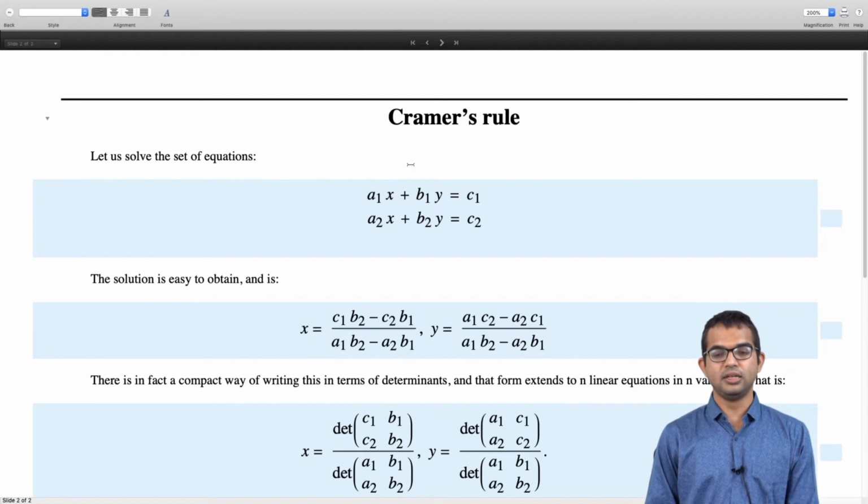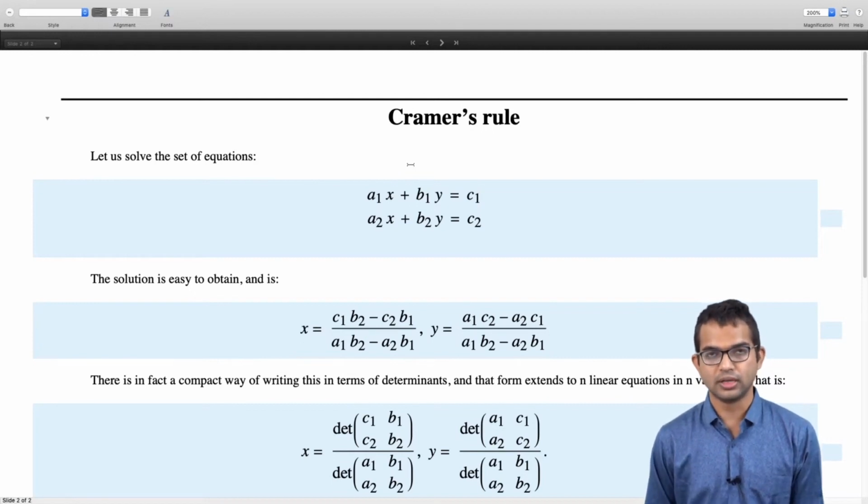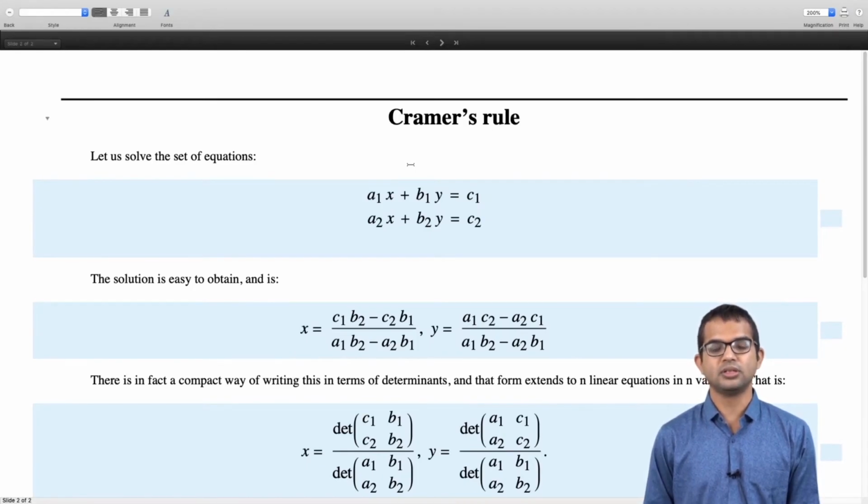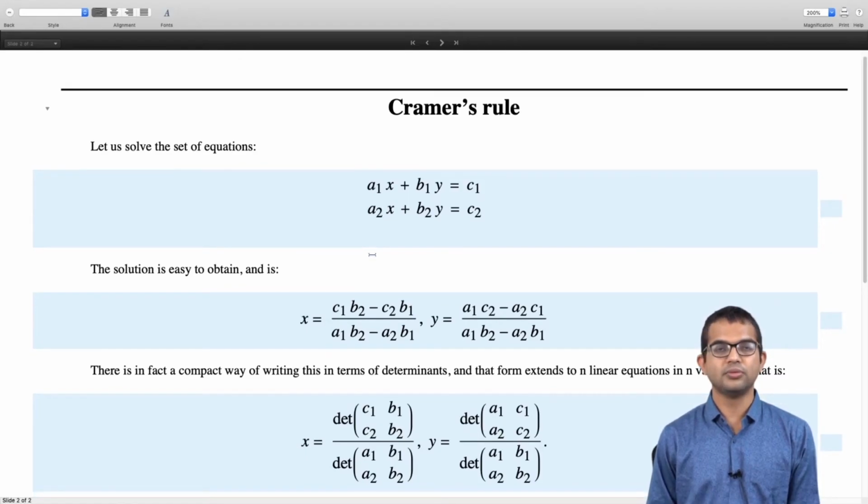So notice that the denominator of both the expressions for x and y involves a1 b2 minus a2 b1. This is actually nothing but the determinant of your coefficient matrix. So in fact you can rewrite this solution in a compact way, which lends itself to generalization to n linear equations in n variables.